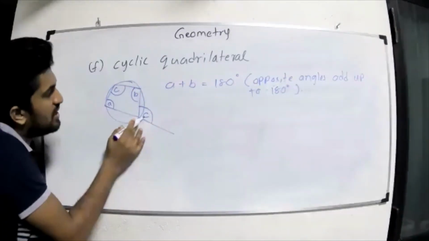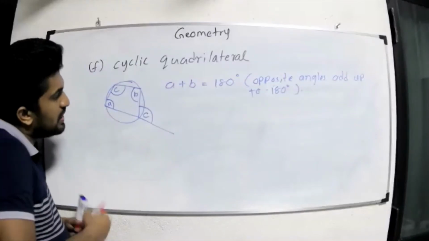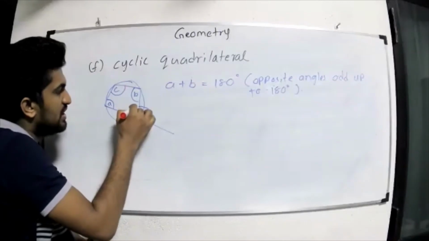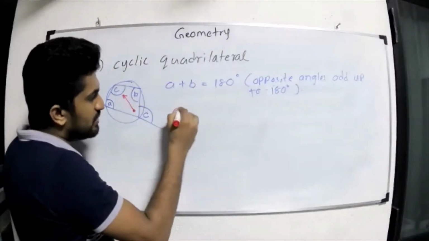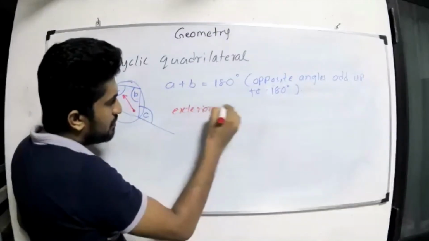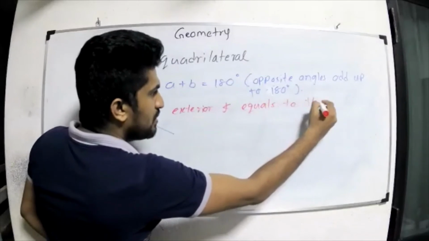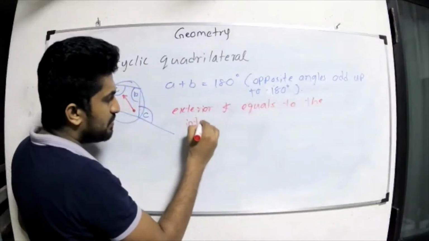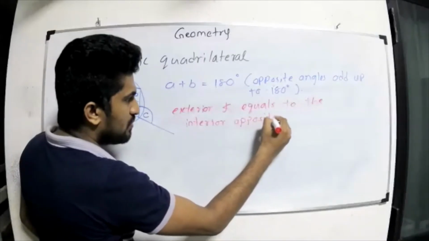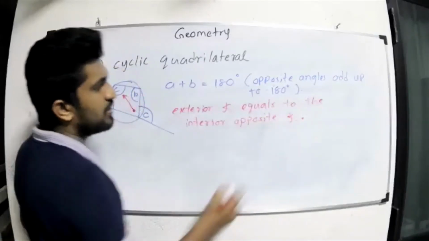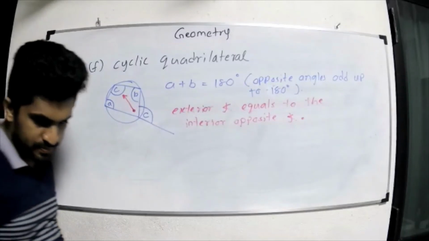This exterior angle equals the interior opposite angle. I told you, the interior angle is this, the interior opposite is this. Exterior angle equals the interior opposite angle.